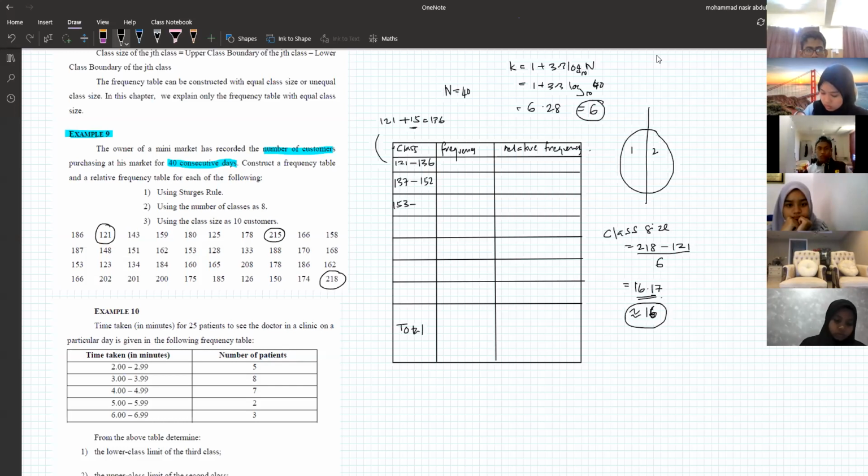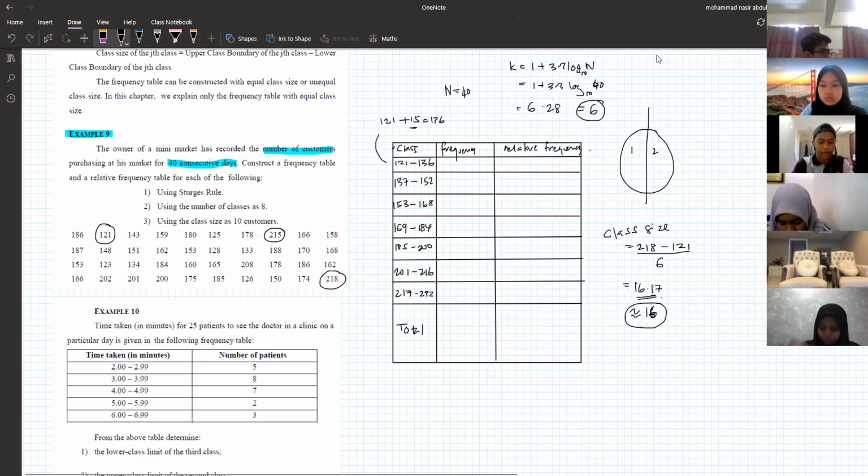The next class is 153 to 168, then 169 until 184, 185 until 200, 201 to 216, and 217 to 232.